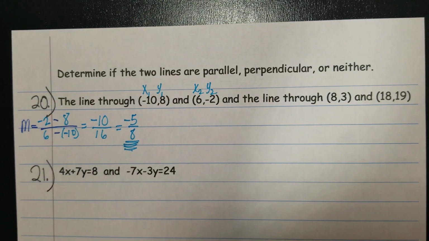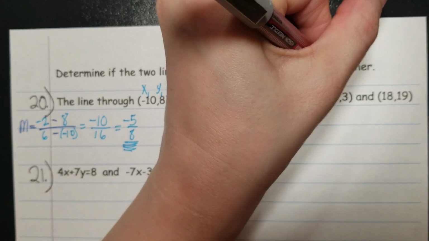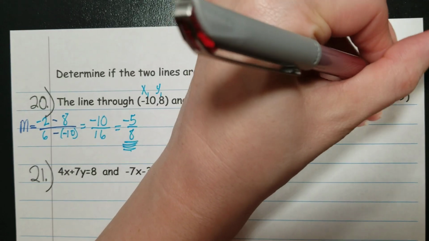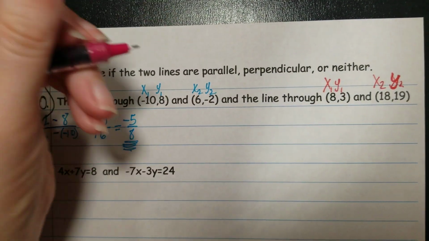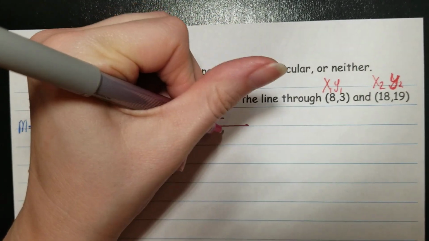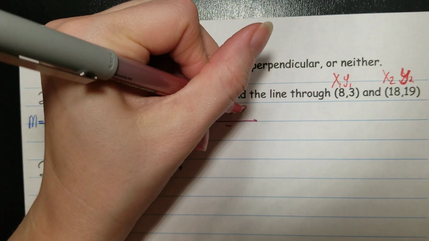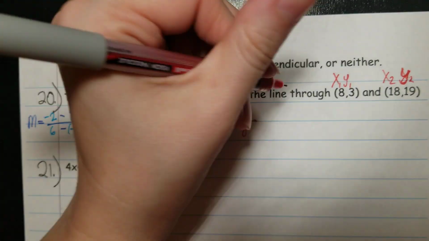And then I'm going to do the other slope. Okay, so x1, y1, x2, y2. All right. So m equals 19 minus 3 over 18 minus 8.